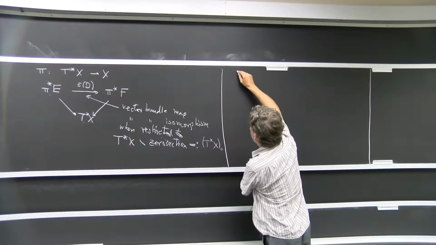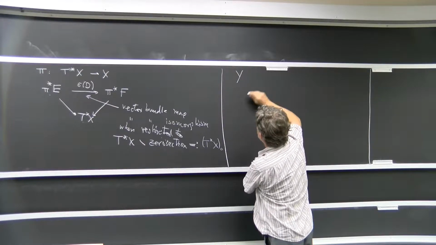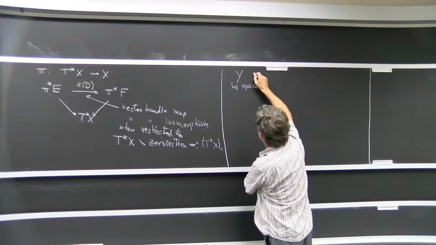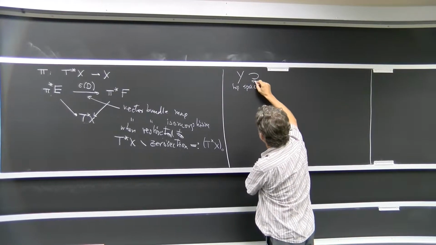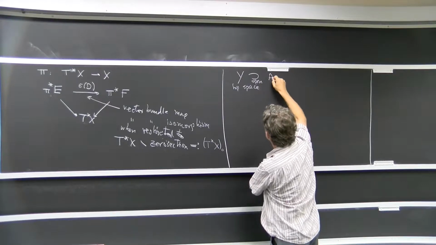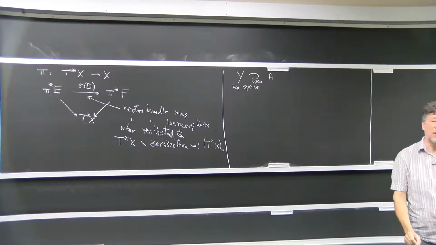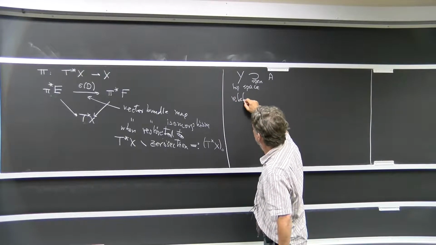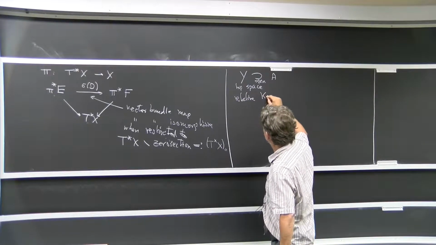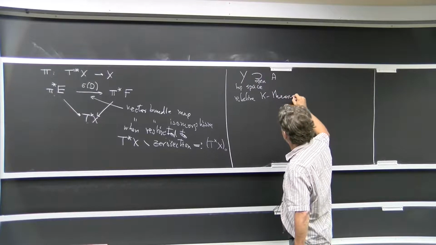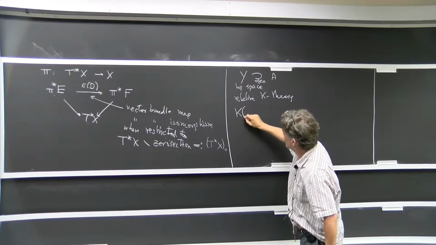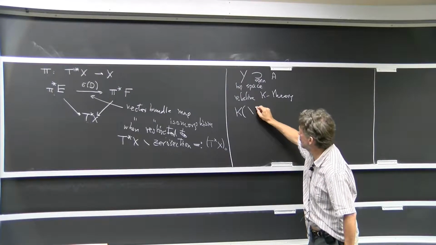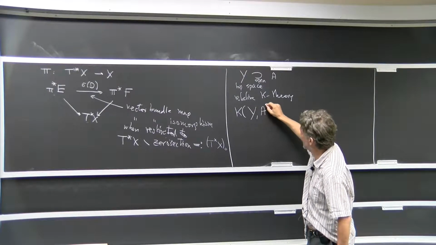Suppose that you have a topological space Y, and you have some open subset of that, say A. Then we would like to make sense of the relative K-theory. Meaning, as we can talk about relative cohomology, you can also talk about relative K-theory, that is the K-theory of this pair, Y, A.